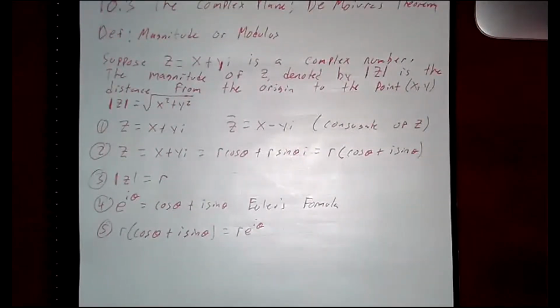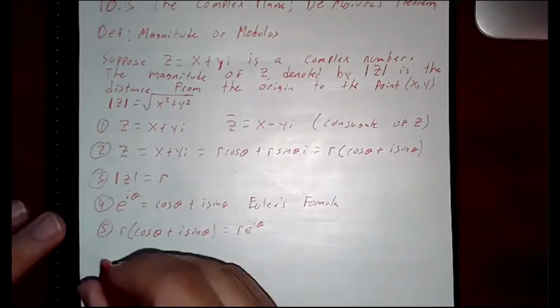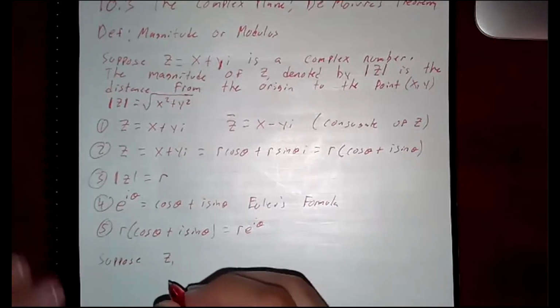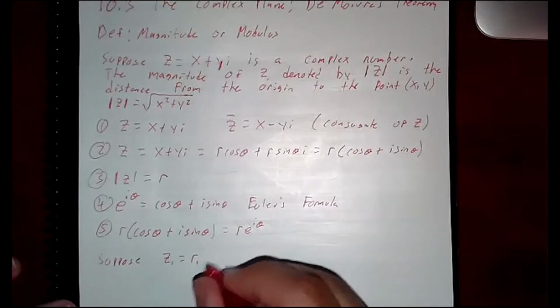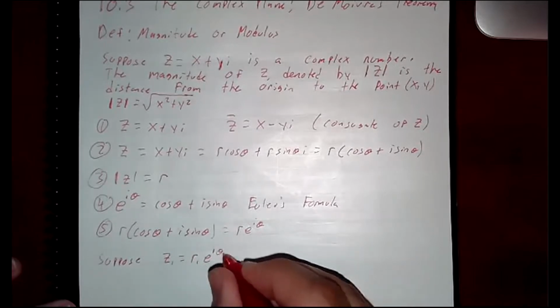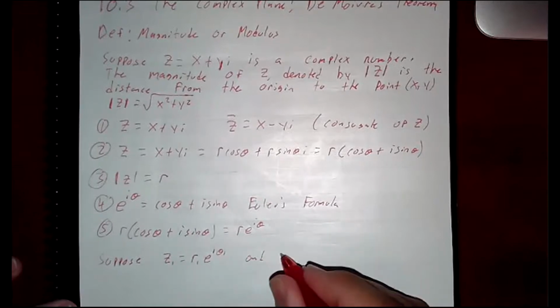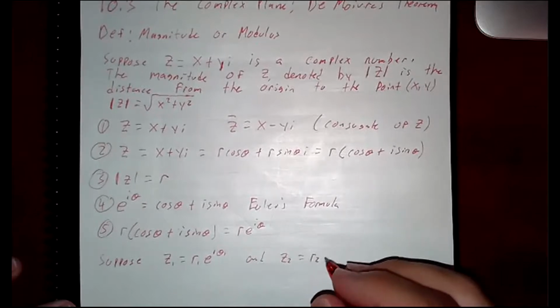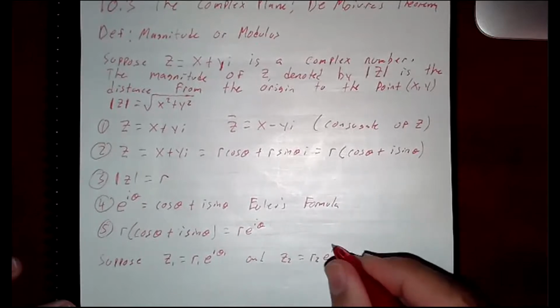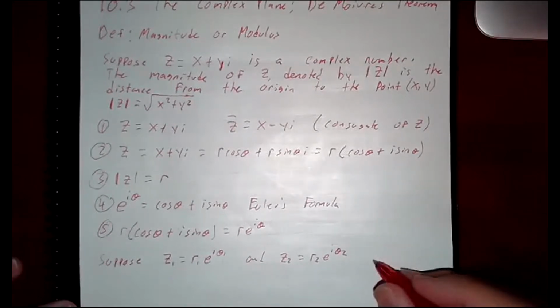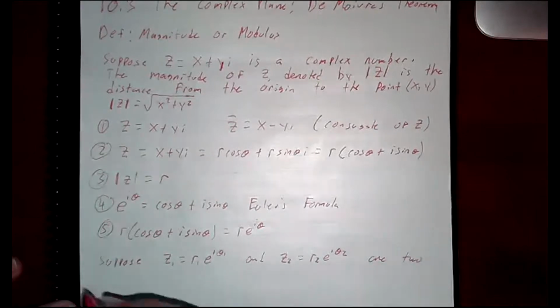Okay. And the rest are based on the rules of exponents, but I'm going to go ahead and give them to you anyway. Suppose that z1, the first complex number, is equal to r1 times e to the i theta 1, and z2 is equal to r2 e to the i theta 2, are two complex numbers.